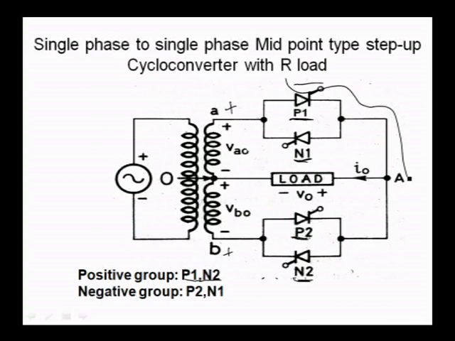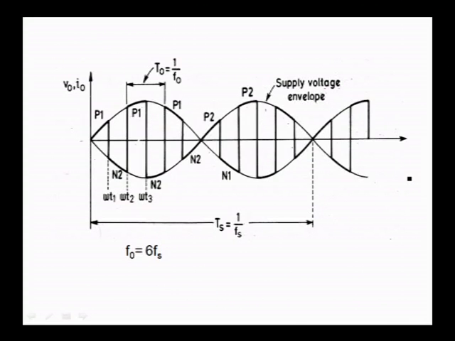Let us see the waveforms. When omega t is equal to 0, P1 and N2 are forward biased, and P1 is turned on. The output voltage becomes positive, following the positive envelope.